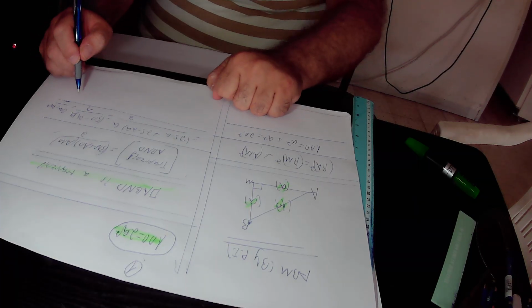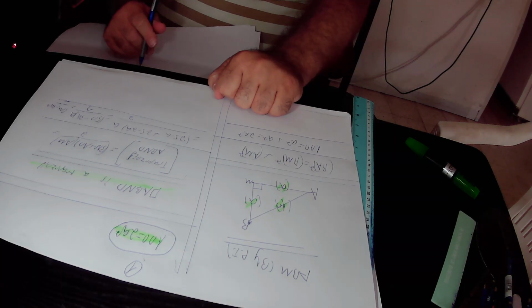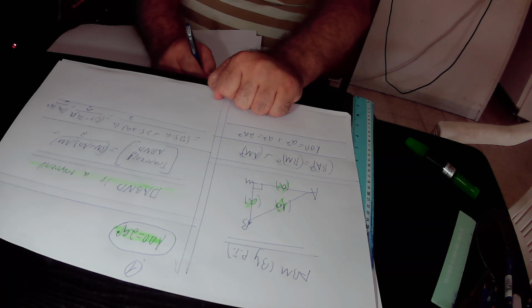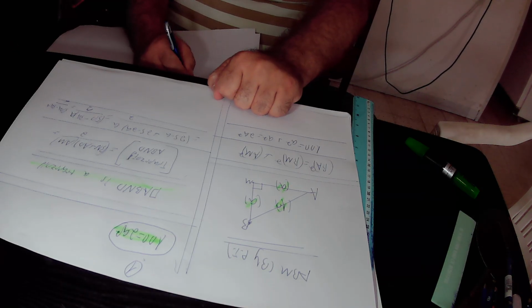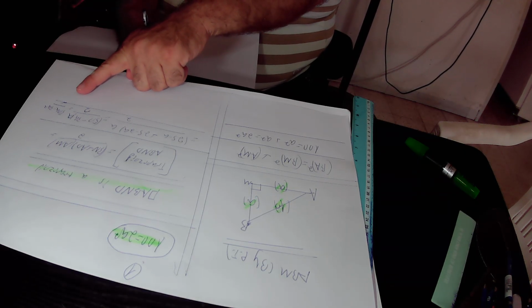So in total we found out that the area of trapezoid ABND is equal to 50A minus 3A squared over 2.